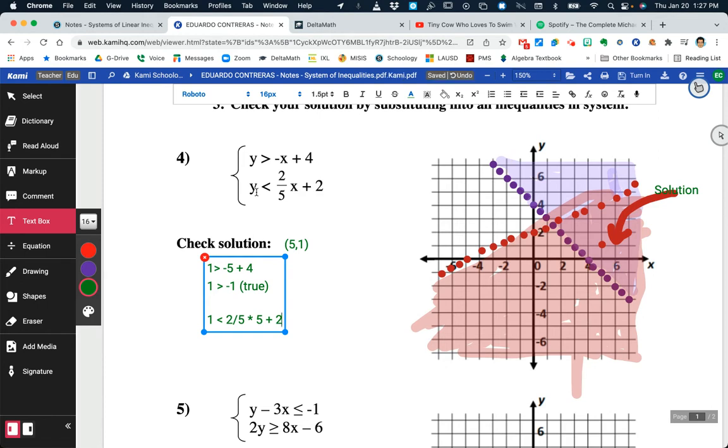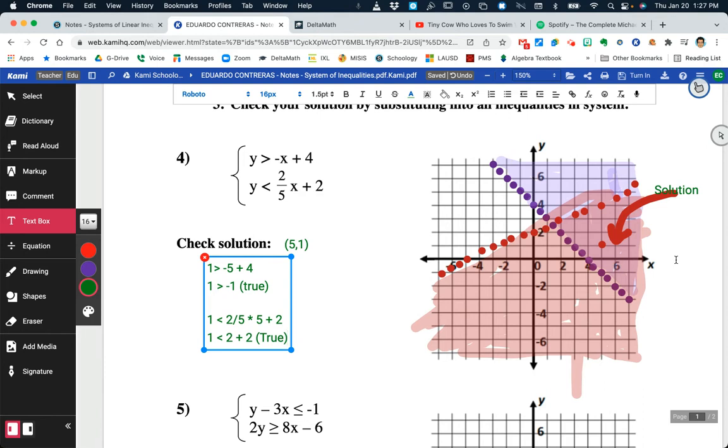So basically we have to multiply 2/5 times 5. Okay. So 2/5 times 5 is 2. I got y equals 2 plus, less than 2 plus 2, which is actually true. So there you go. It was true for both of the inequalities.